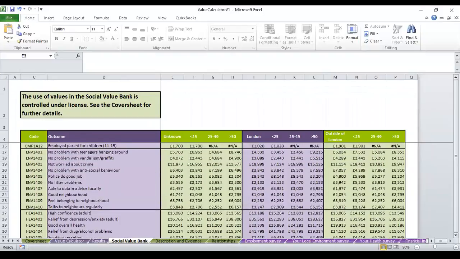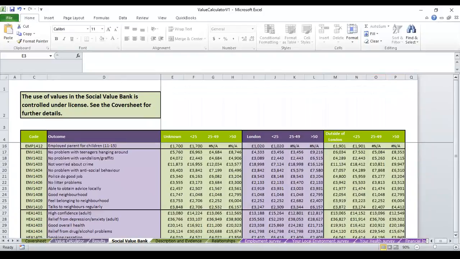And then there was quite a few that they did around the neighbourhood, so not having vandalism, graffiti, being worried about crime, feeling like they belong to the neighbourhood. So this is more about community cohesion and different things.